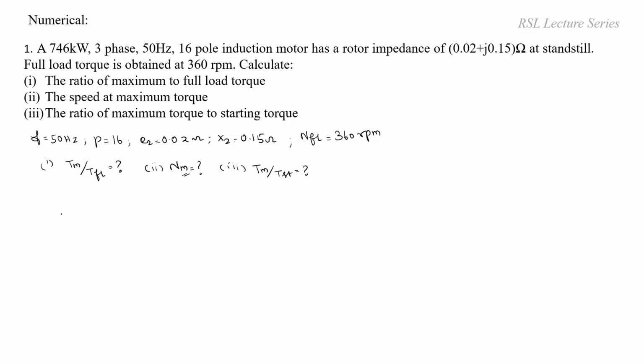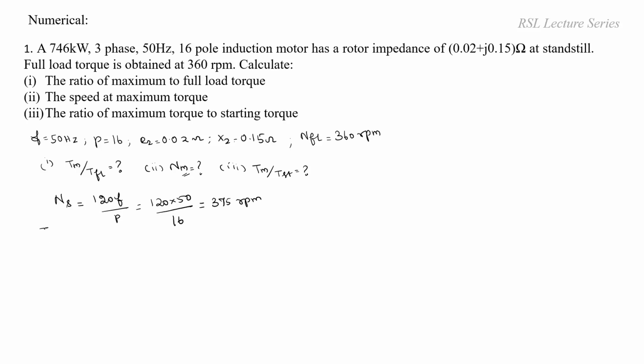Okay. So first and foremost thing what we have to do is we have to find out the synchronous speed Ns. So synchronous speed is given by 120 f by P. So 120 into 50 divided by 16. So this will be equal to 375 rpm. Okay.